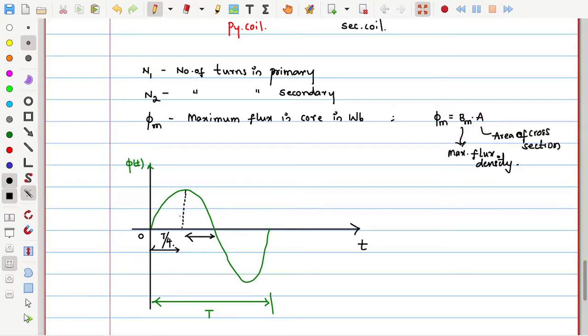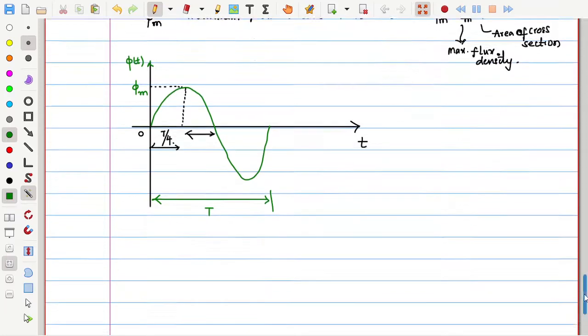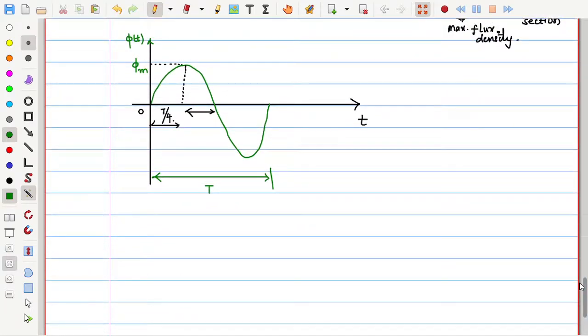Within 1/4 of the time, the flux is reaching the maximum value. How much is that maximum flux? Phi m. This is the maximum flux in the core. Why? Because core flux nature resembles the applied voltage. Applied voltage nature is sinusoidal, so flux is also sinusoidal. Clear?